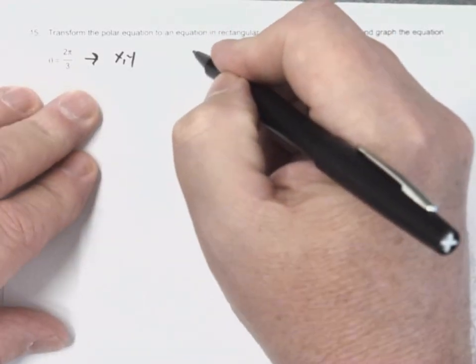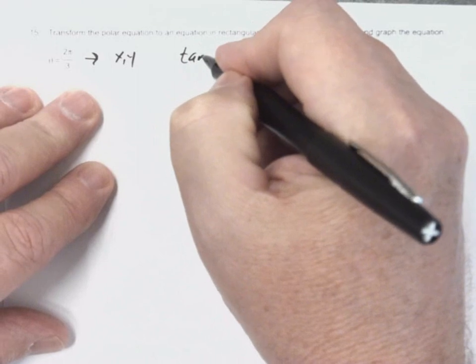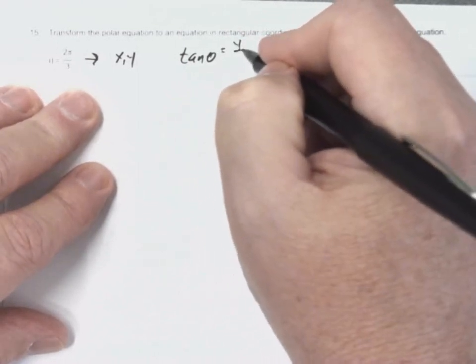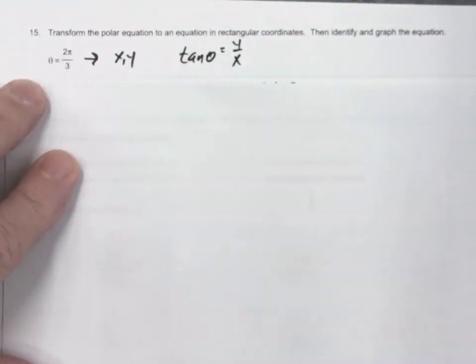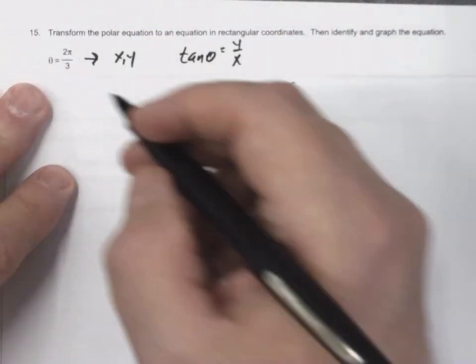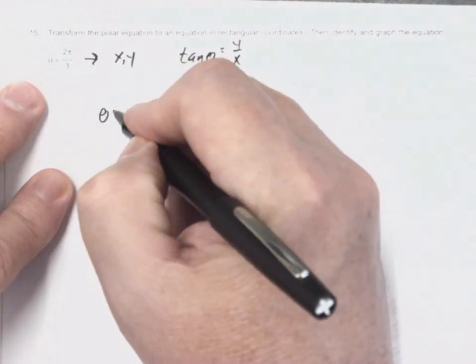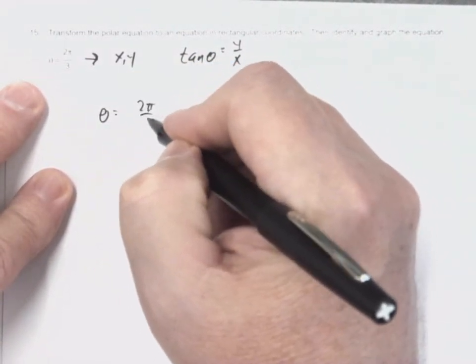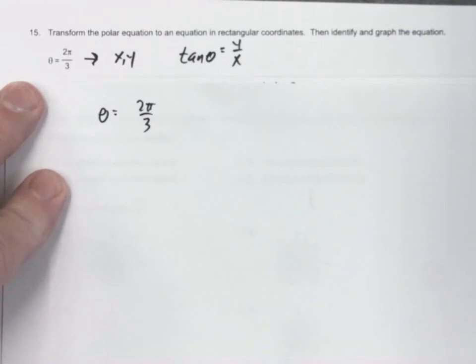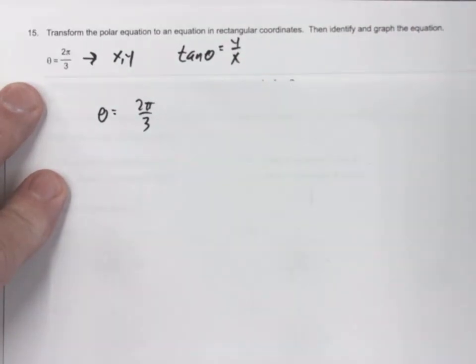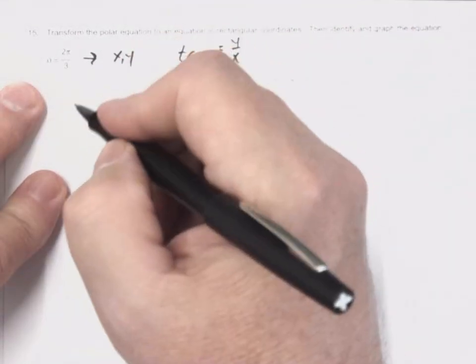How about I take this equation and take the tangent of both sides. In the world of math, you can do anything you want to an equation as long as you do the same thing to both sides.